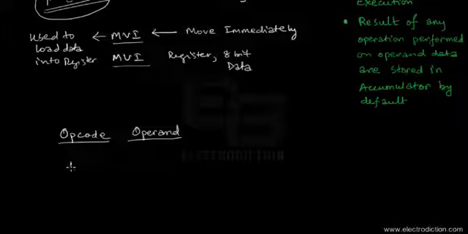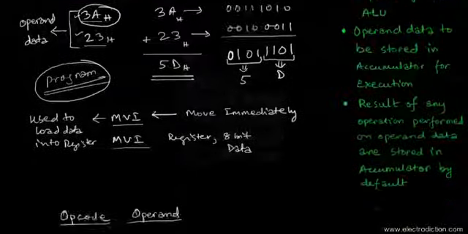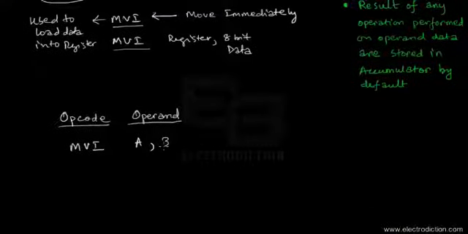So we're going to write here MVI register A, and then give the 8-bit data, which is 3A since we chose to store 3A there. This is the very first programming code that you're writing, so you should actually congratulate yourself.